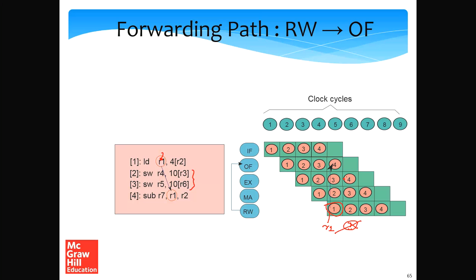That's the reason we forward it early. In a sense, we break one of our rules, but we have no choice. So we forward it in cycle number 5 between the RW stage, which has the value, and the OF stage. So in this case also we have successfully helped avoid stalls.